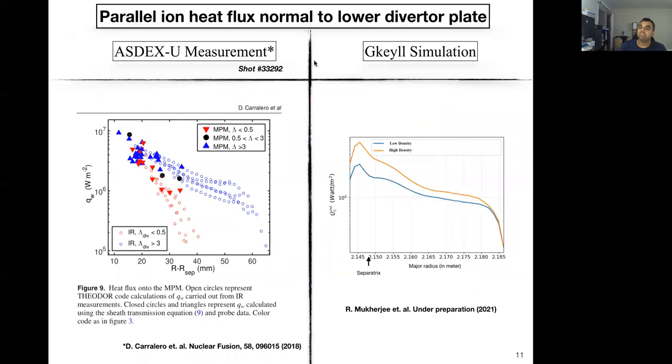Finally, we also measure the parallel ion heat flux normal to the lower divertor. Our numerical measurements are found to be pretty close to the experimental measurements that have been reported earlier. Again, we have to consider only the low collisionality cases. Roughly the profiles and the magnitude-wise, they are close.